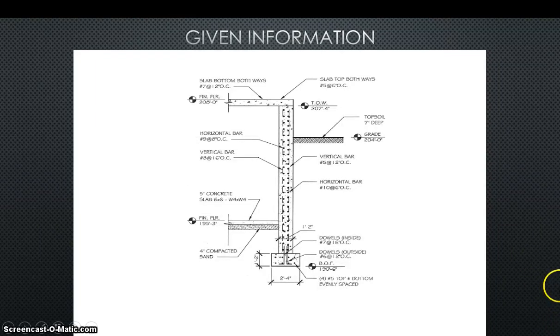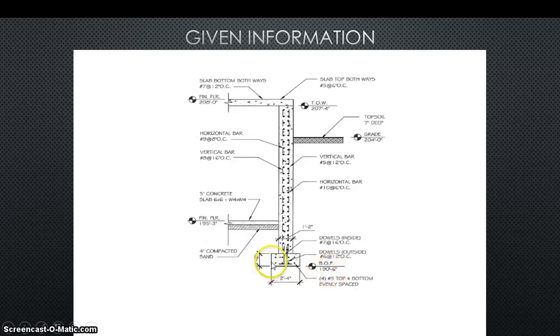The important pieces we need in this are the width of the wall, which is 1 foot 2 or 1.17. Top of wall, which is the elevation, very important. We need 207 foot 4. They don't give us the bottom of the wall, but they give us the bottom of footing, which is 190 foot 6.